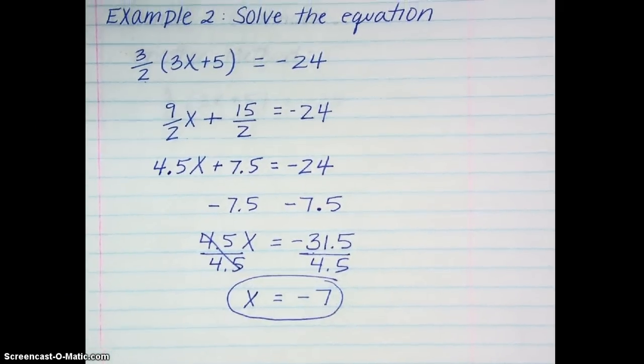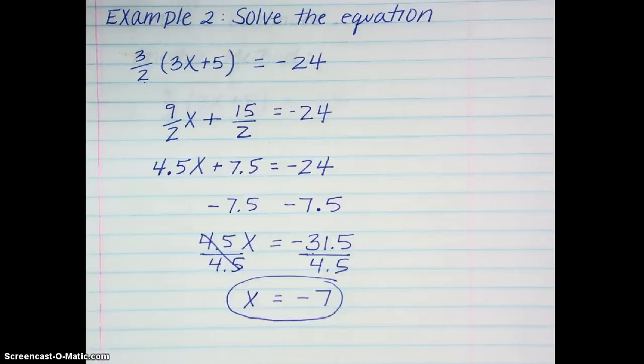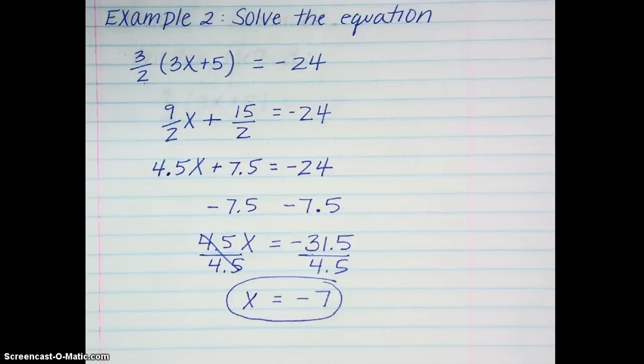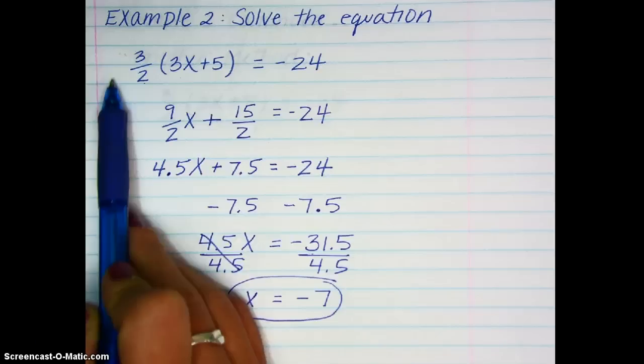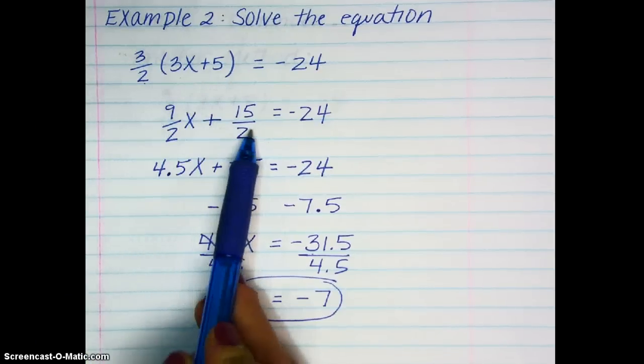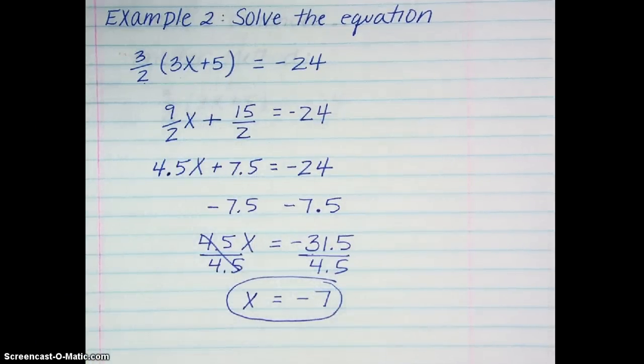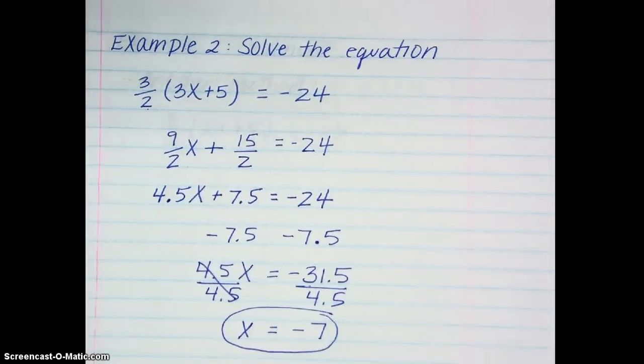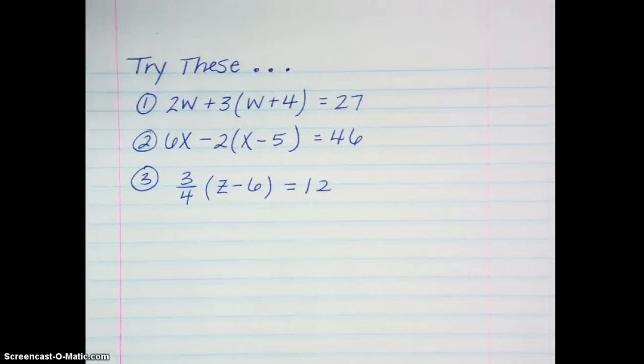And that would be your final answer in that case. So when you encounter parentheses in your equations, your best bet is to distribute through, to simplify, and then just work from there. So why don't you go ahead and try these, and then we'll go over these in class tomorrow.